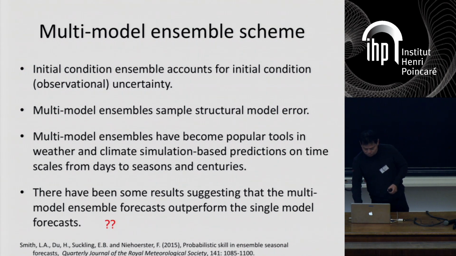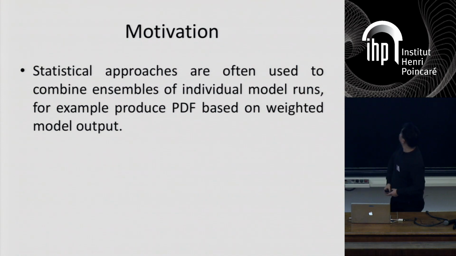Anyway, for the motivations, what do we usually do when we have multi-model ensembles? We try to do some kind of statistical approach, and combine the ensembles of each individual model, then produce a forecast PDF.